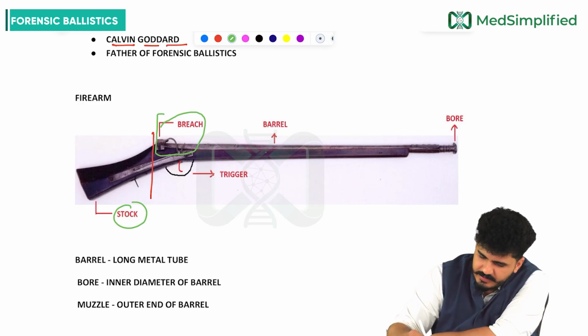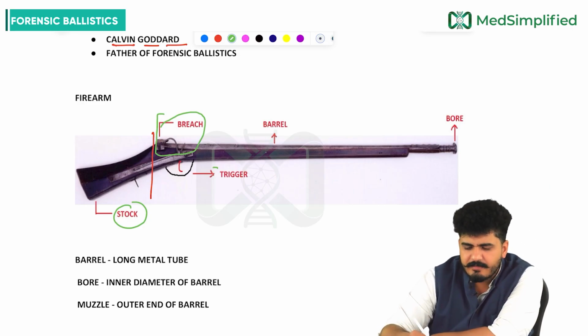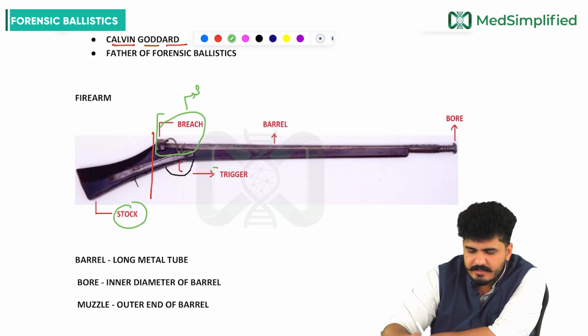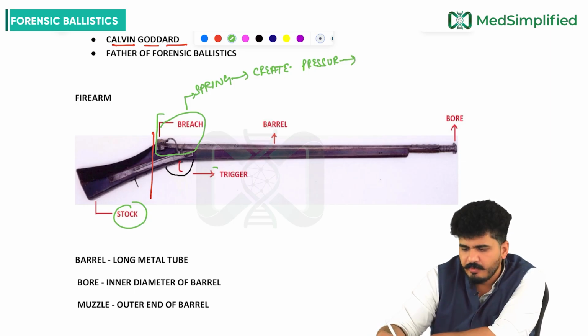Here the trigger is. The breech is the main area where the spring is, which will create pressure, which will help the bullet to move forward.